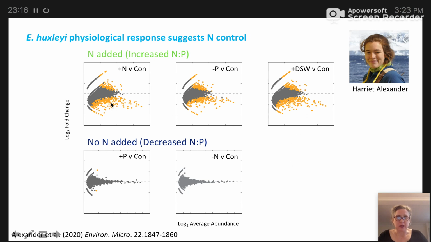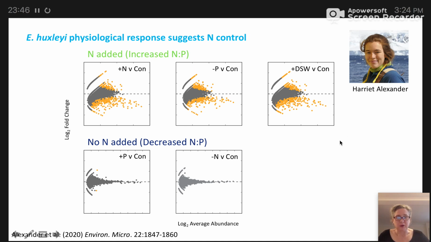And the yellow dots that you see here are transcripts that were significantly differentially expressed across the 2 replicated experiments that we did in this system. I should mention that this work is published in Environmental Microbiology with lead author Harriet Alexander, who, as I said earlier, is a former PhD student and now a scientist at WHOI.